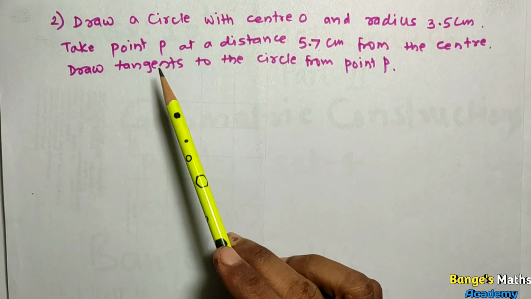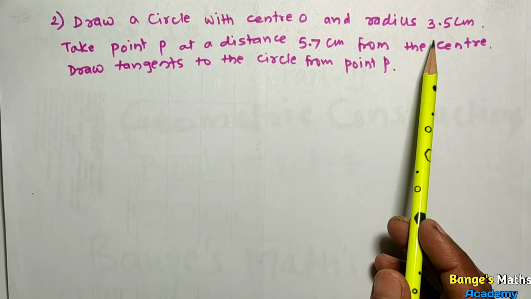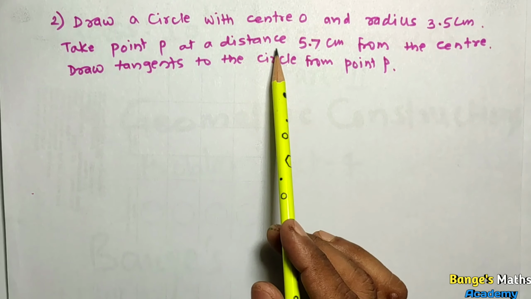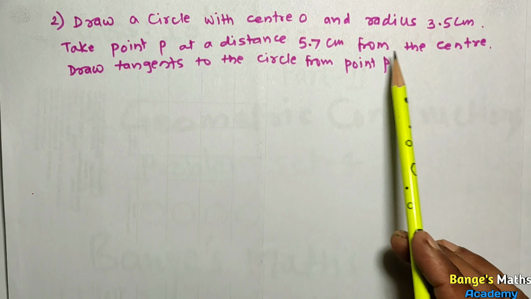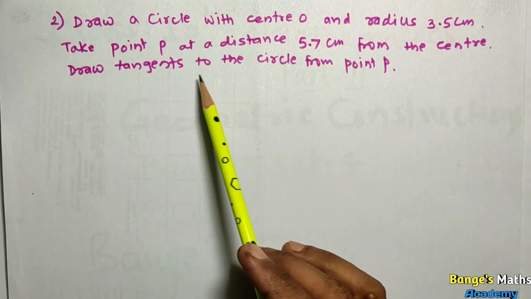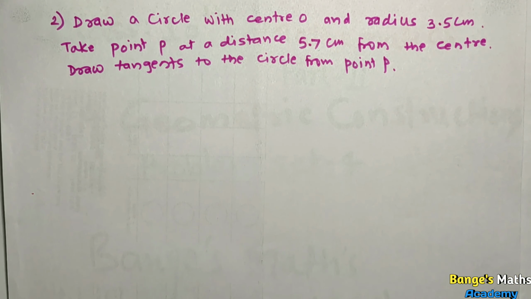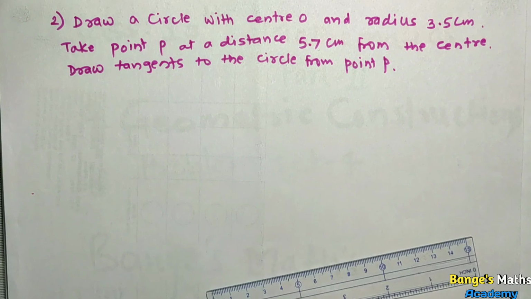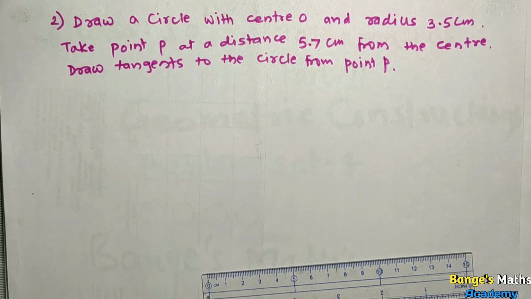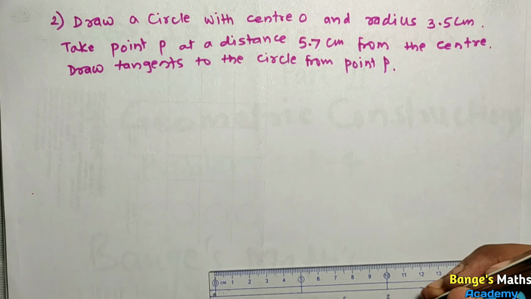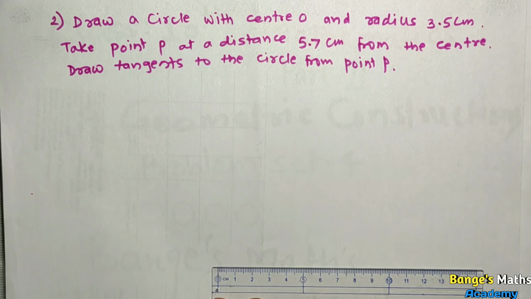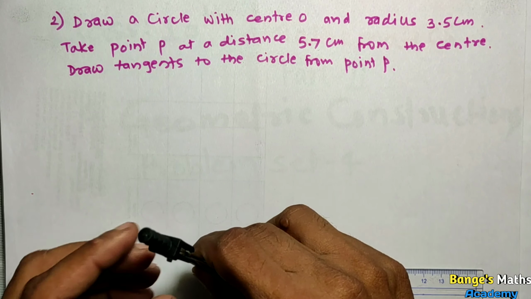Second question. Draw a circle with center O and radius 3.5 cm. Take point P at a distance 5.7 cm from the center. Draw tangent to the circle from point P. First of all, draw a circle with radius 3.5 cm.